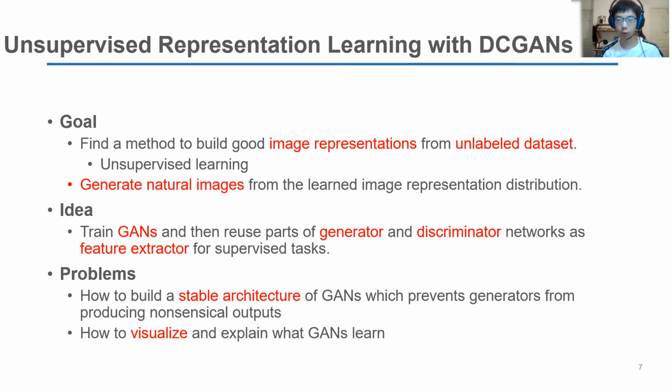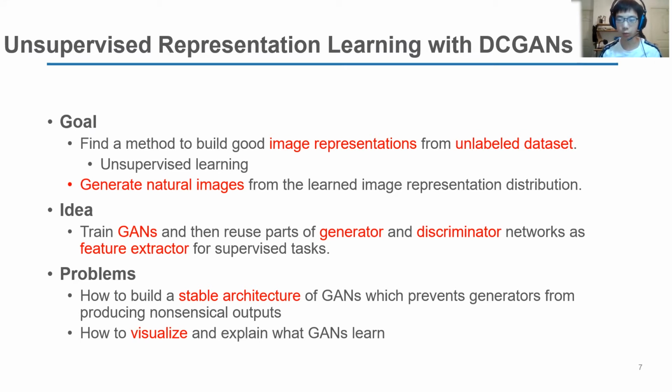The image representation makes a simpler and more abstract form of the image, such as reducing the dimension of the image into a vector. A good image representation should embed the feature information of the original image. In addition, the learned image representation distribution can also be used to generate new natural images.